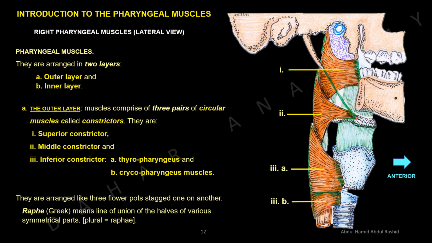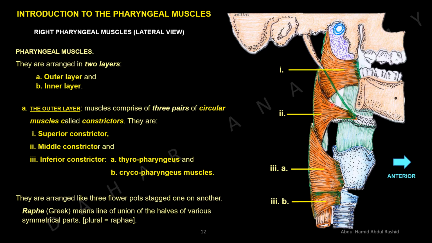The inferior constrictor is again divided into two. The upper one is the thyropharyngeus part of the inferior constrictor because it comes from the thyroid cartilage. The lower one is called the cricopharyngeus part of the inferior constrictor because it comes from the cricoid cartilage. These constrictor muscles are arranged like three flower pots stacked one on another.